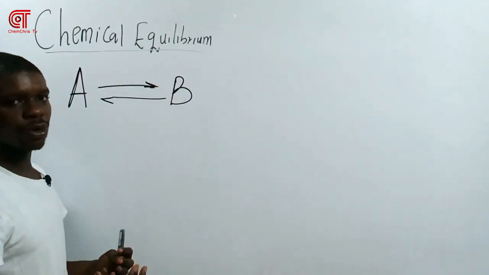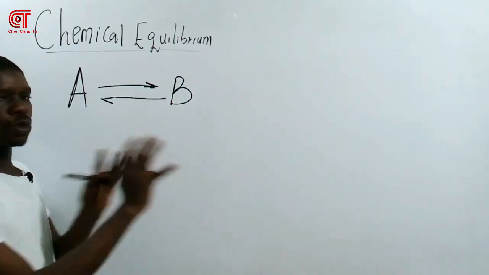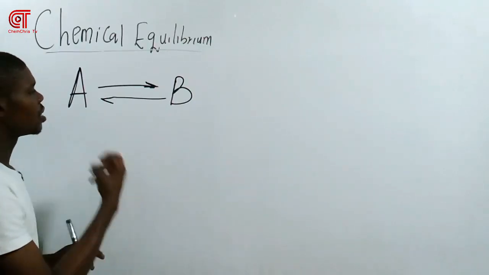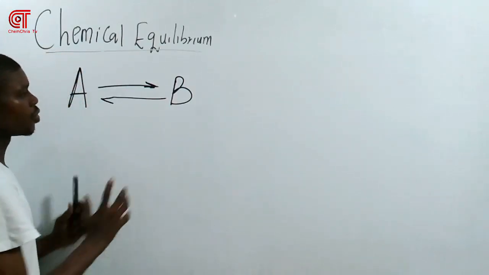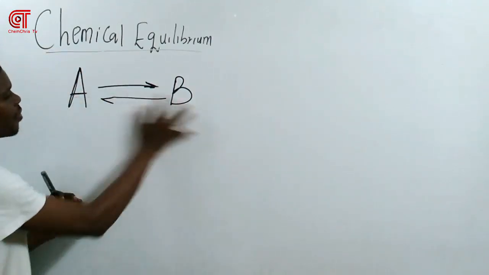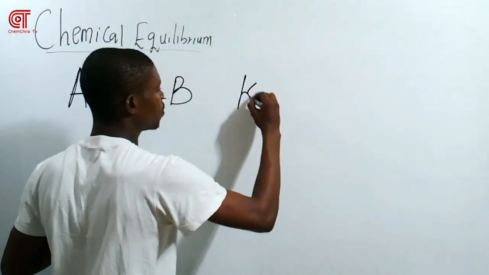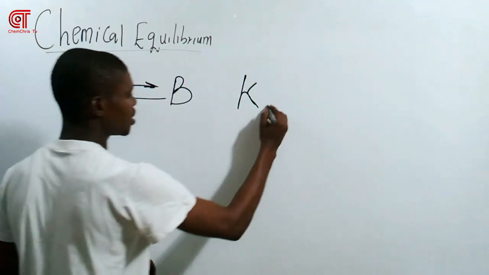It's called dynamic equilibrium because the reactions are moving forward and backward, but at the same rate. You get? So for every equilibrium reaction, we have the reaction constant, or the equilibrium constant Kc.